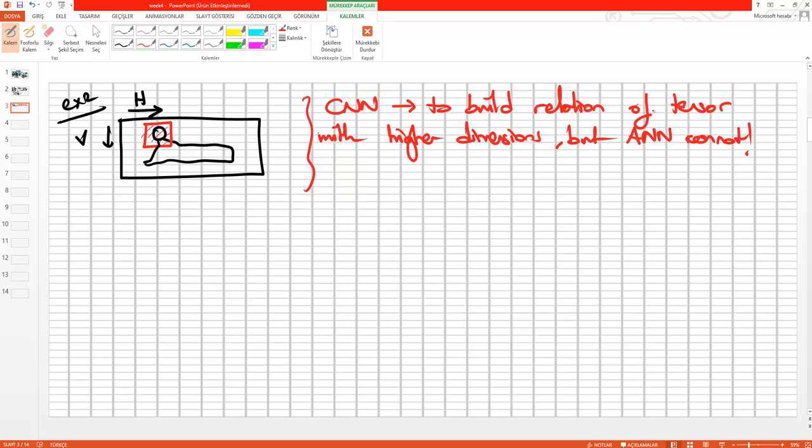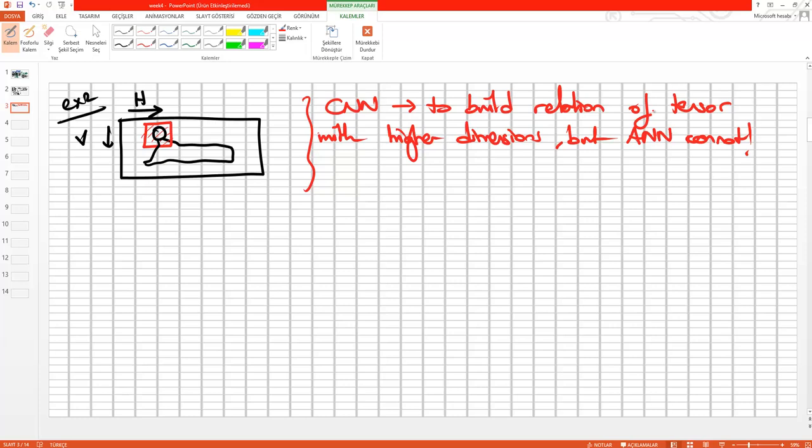Tensor also means that each variable is bound to or dependent on the other variables. For example, you have the x-axis, y-axis, and z-axis, and x and y are related to each other, so we can call it a tensor, okay? This is the basic definition of the tensor. And so any image can be called a tensor, okay?